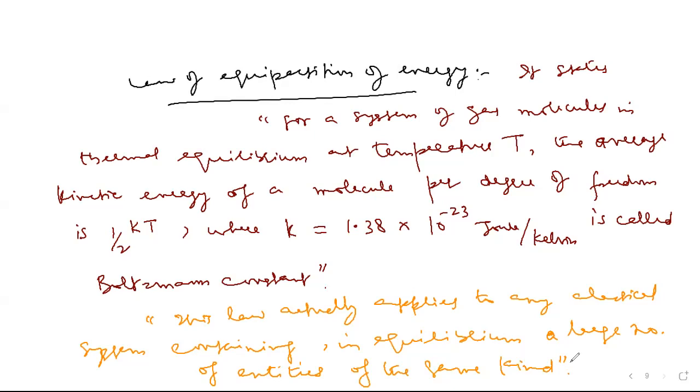Now, why am I specifying this law? When we use this law, the harmonic oscillator in one dimension has 2 degrees of freedom. One, it can possess kinetic energy. Second, it can possess potential energy.